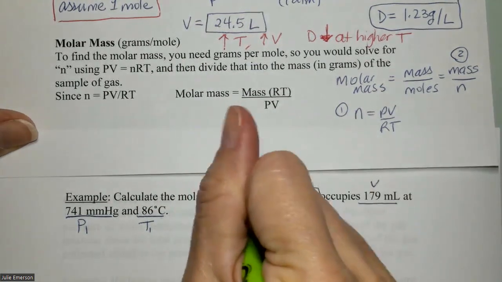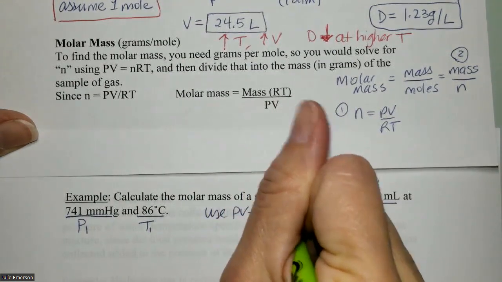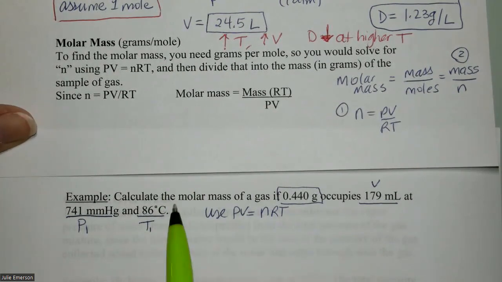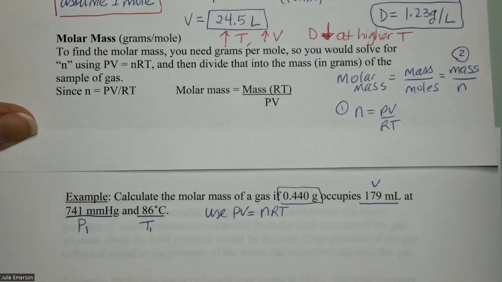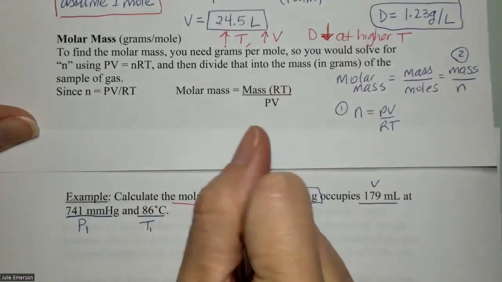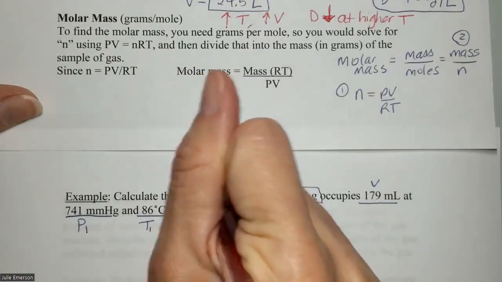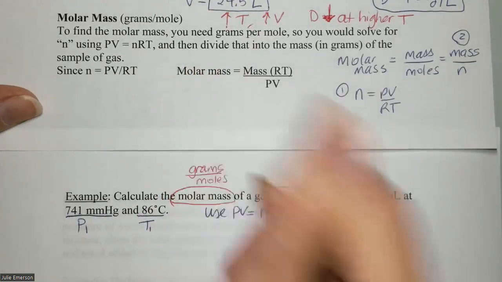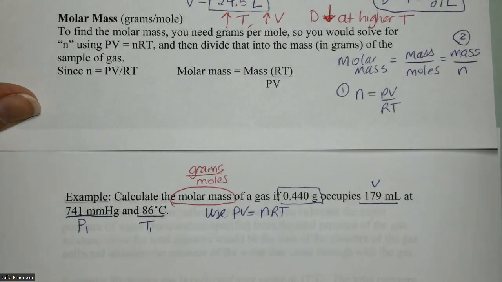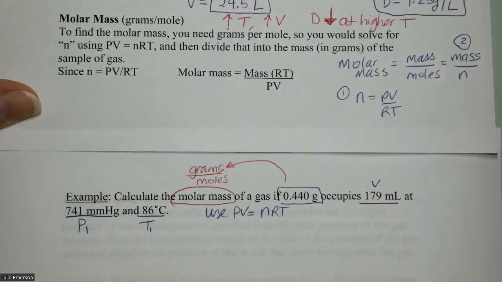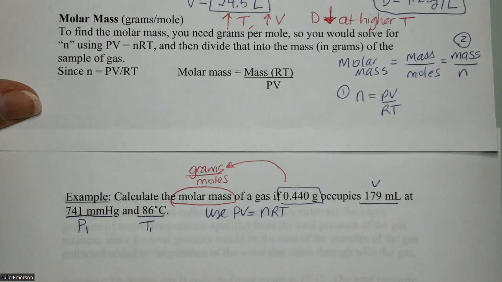So if we're thinking about what formula to use, there's no change in volume, no change in temperature, so PV equals nRT is our formula. What's different is we want to know the molar mass. So when you see that, you think grams divided by moles, because that's the unit for molar mass. So the 0.440 grams is going to go in the numerator.